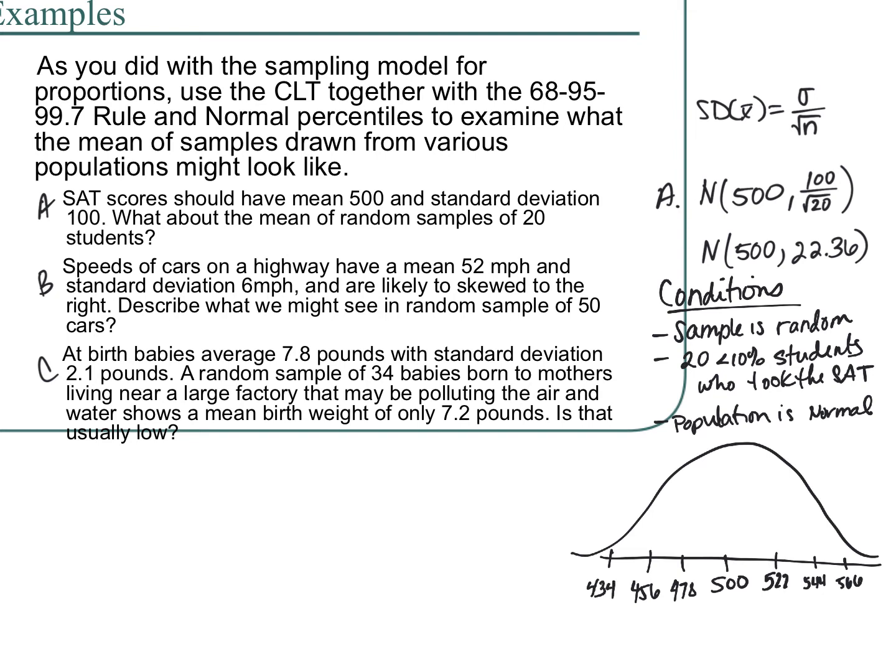So 68% of the time, the mean of 20 students will be between 478 and 522.